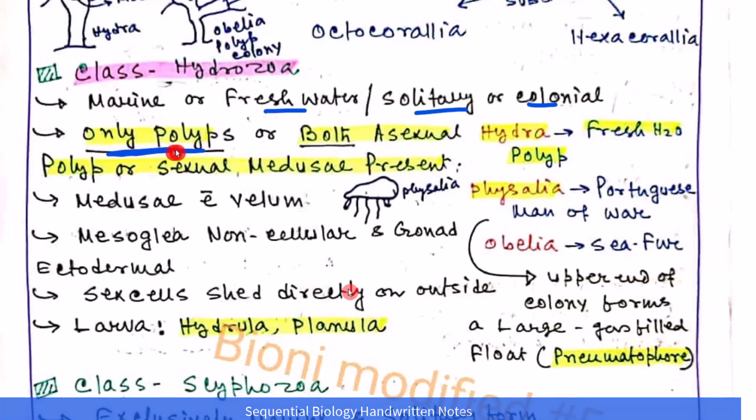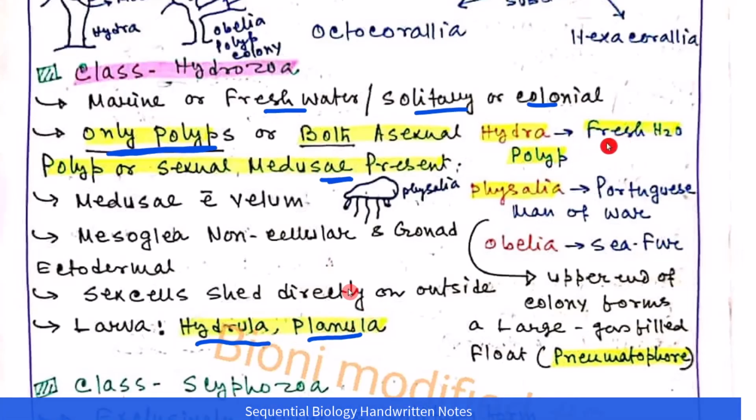In their life cycle, only polyp form can be found, or both asexual polyp and sexual medusa are present, and in their medusa the velum is present, and the mesoglea is non-cellular and the gonads are ectodermal. Sex cells are shed directly on the outside. The larvae are hydrula and planula larva. This is very, very important. The larval forms of class Hydrozoa are hydrula and planula larva.